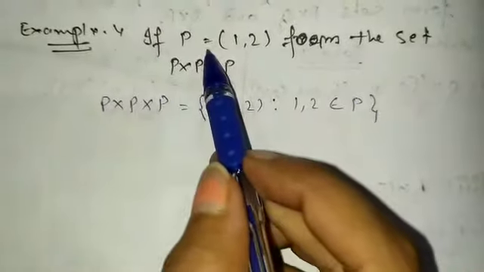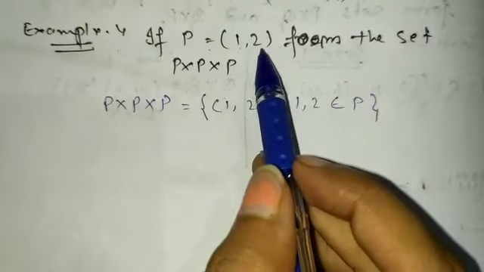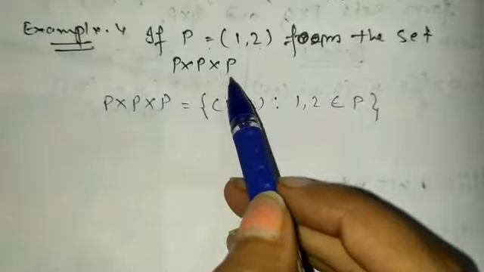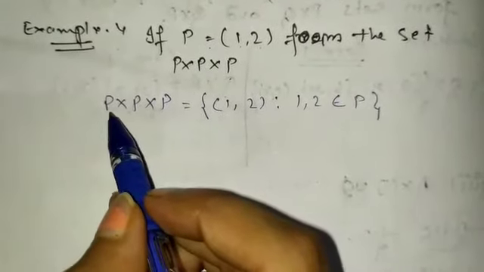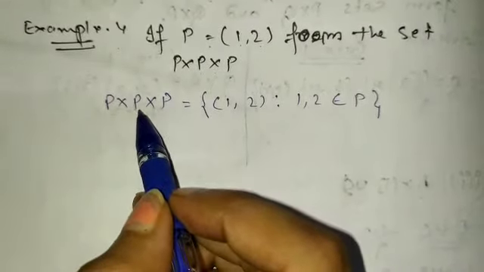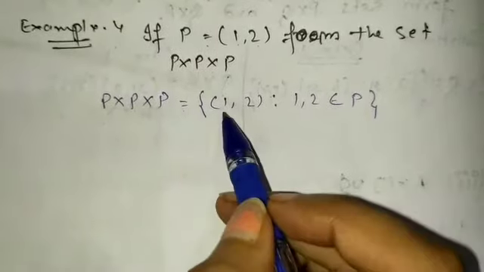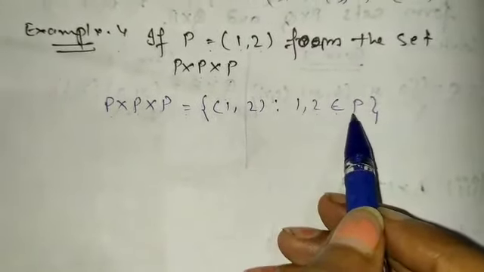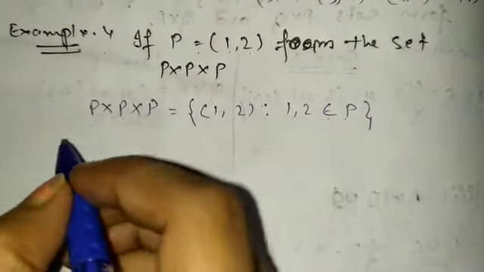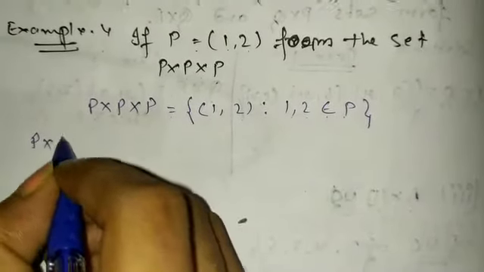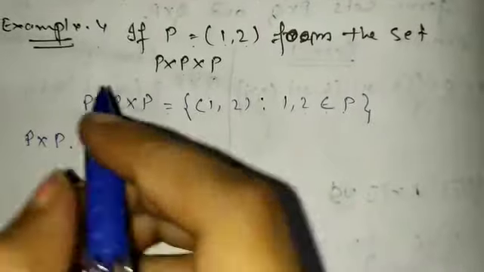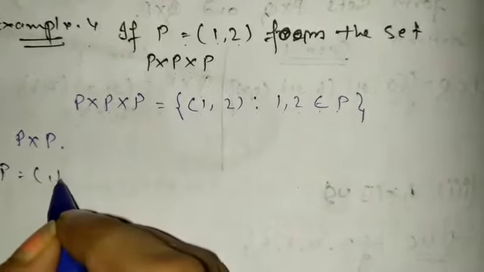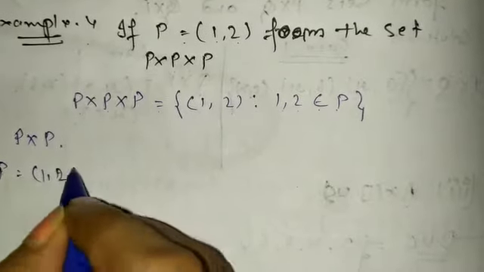Example 4. If P is equal to {1, 2}, then form the set P into P into P. So first of all, P is equal to {1, 2}, where 1, 2 belong to P. Now, first of all, let's find P into P. We all know P is having elements 1 and 2.